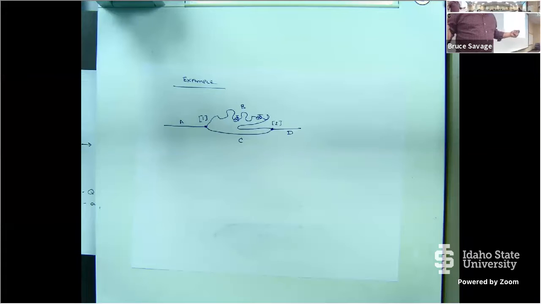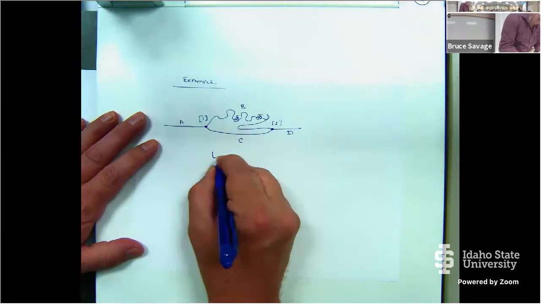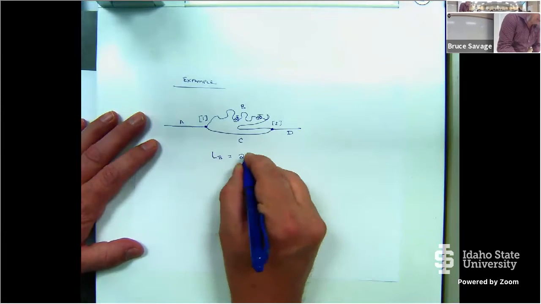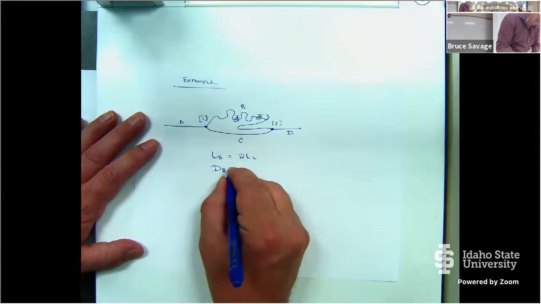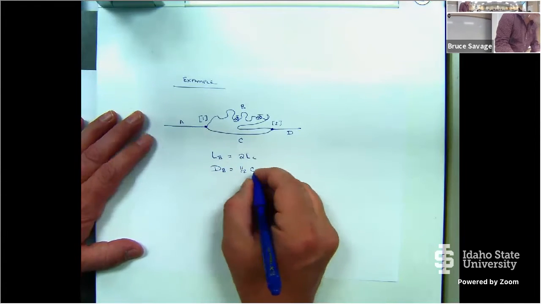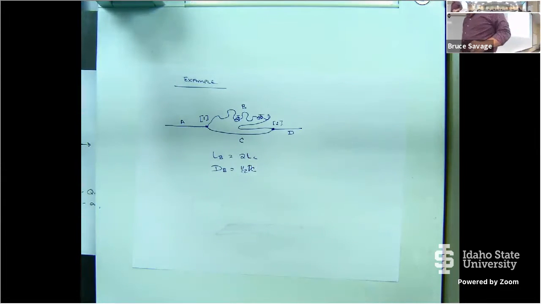And now I have B that is twice as long. So the length of B is equal to 2 times the length of C. The diameter of B is equal to 1/2 of diameter C, so it's half the size. C is a 12-inch pipe. B is a 6-inch pipe. B is twice as long. B has 2 valves on it. C has no valves on it.